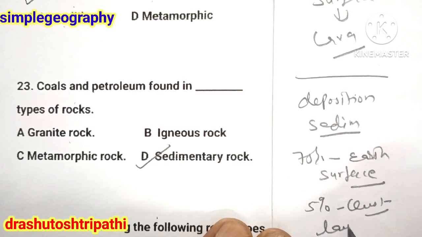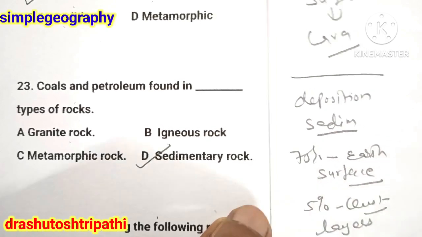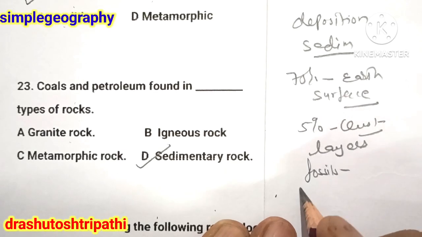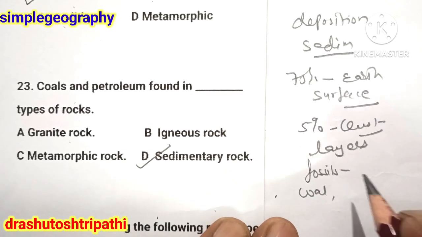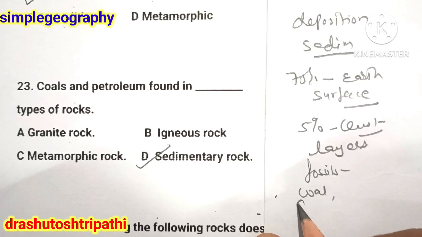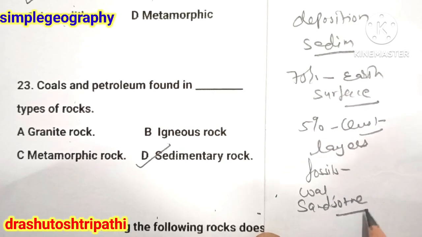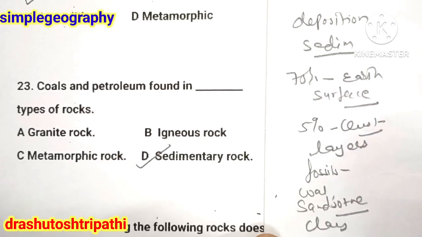They have layers, they have fossils. Coal, sandstone, limestone, clay are examples of sedimentary rocks.